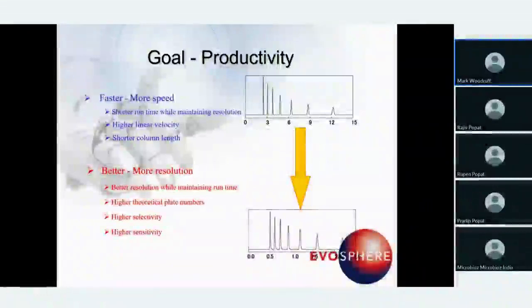We cannot miss an impurity or lose a peak amongst other peaks just because we want to go faster and faster. So you have some compromises. We're going to talk about resolution in terms of new stationary phases built onto a new silica template, and what that actually achieves for you.